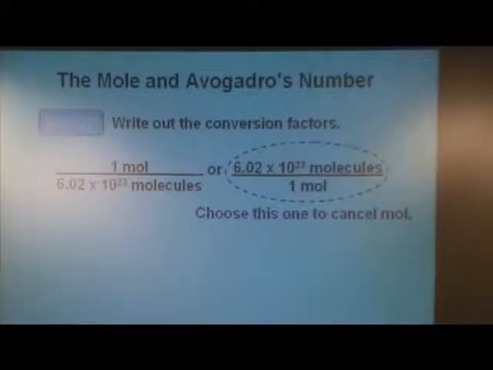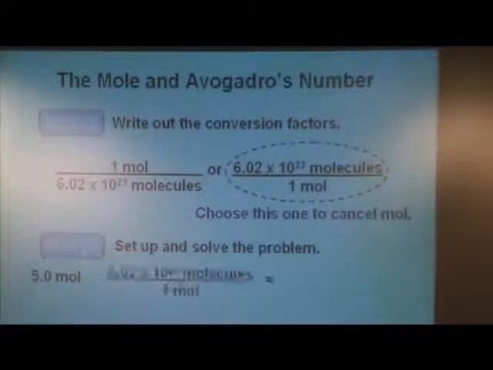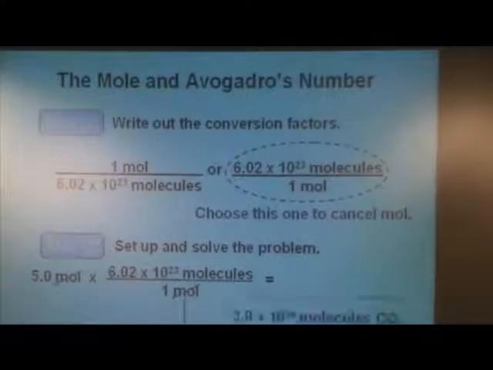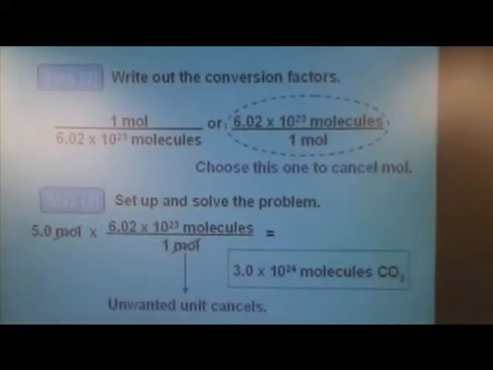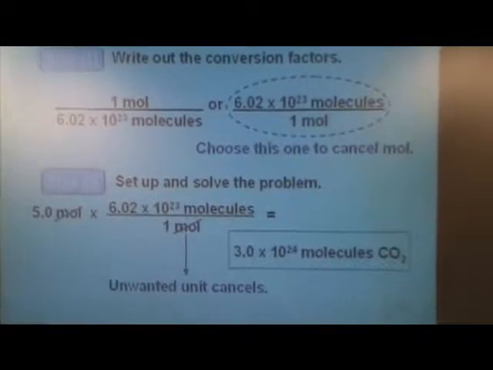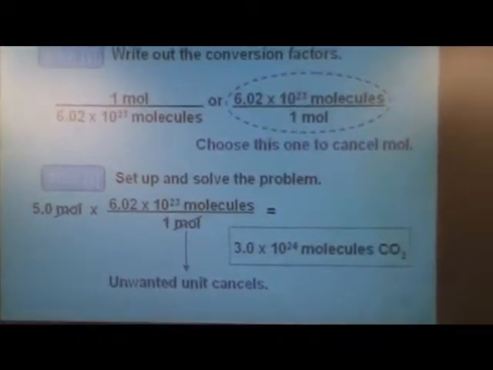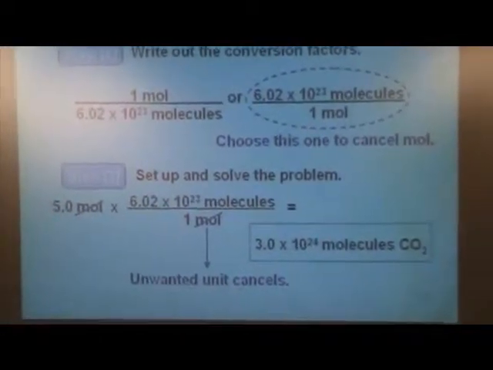So, you just multiply 5 by 6.02 and you come up with 3.0 times 10 to the power of 24. Is it big or less? Bigger. It's much bigger than 6.02 times 10 to the power of 23. Make sense?